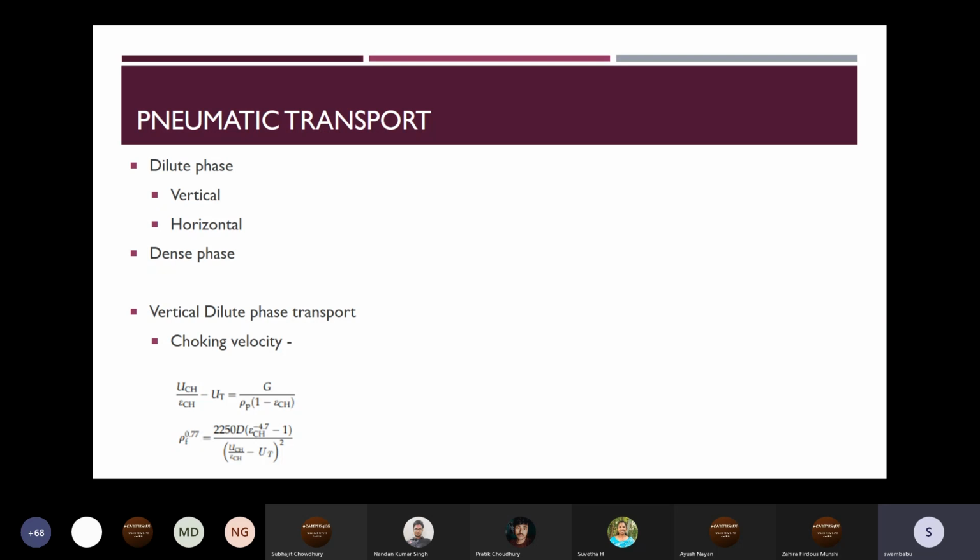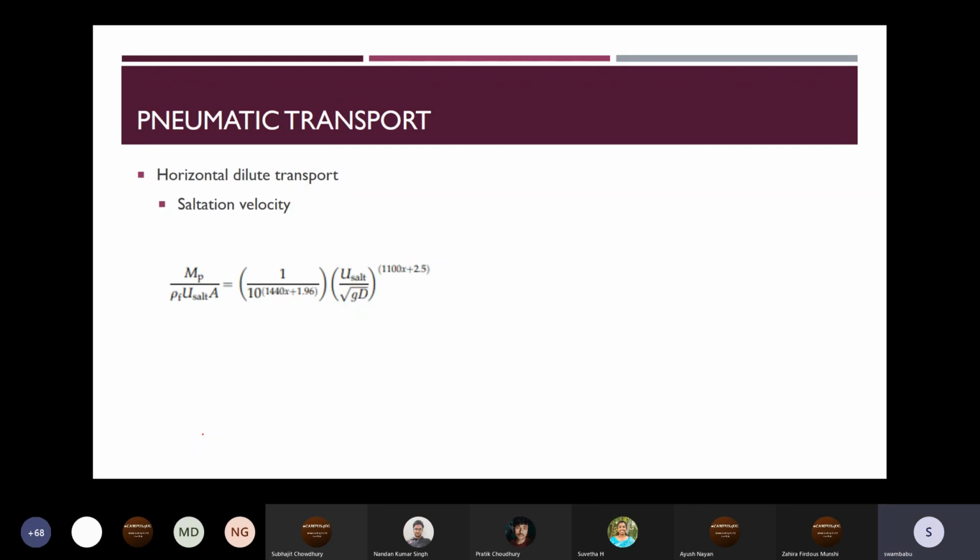These are the correlations we need to use to find the choking velocity. U_CH is the choking velocity, and we have to solve these two expressions simultaneously to find it.